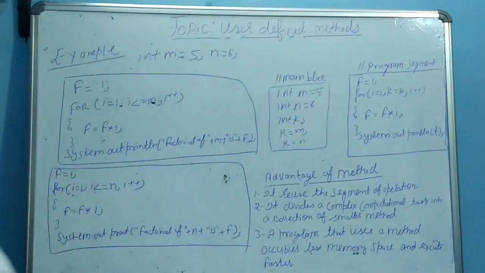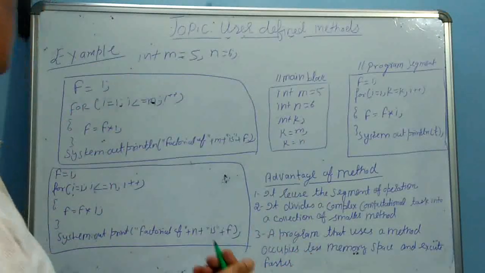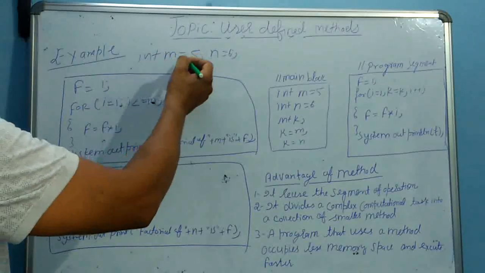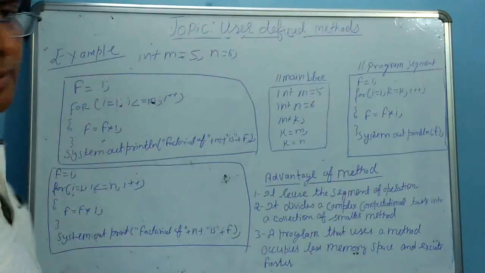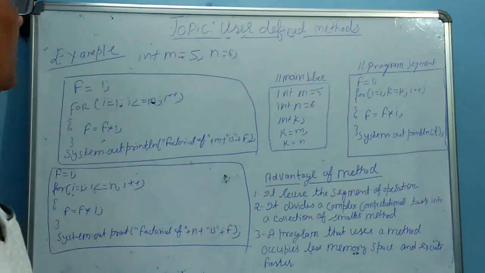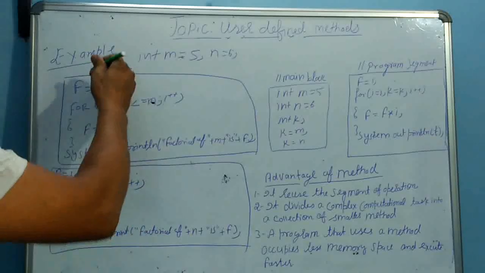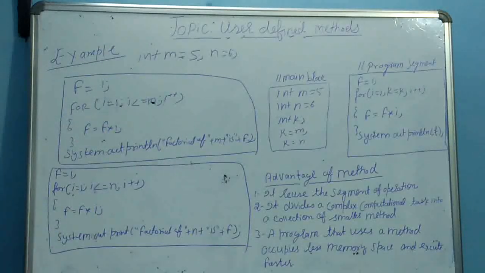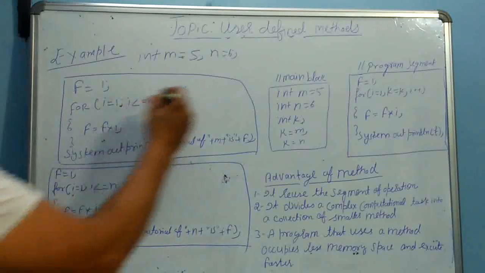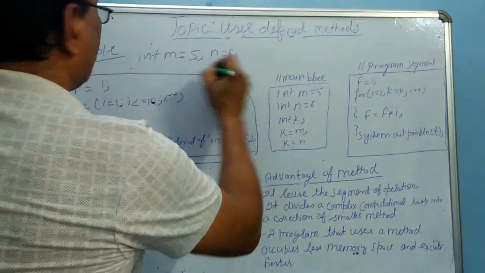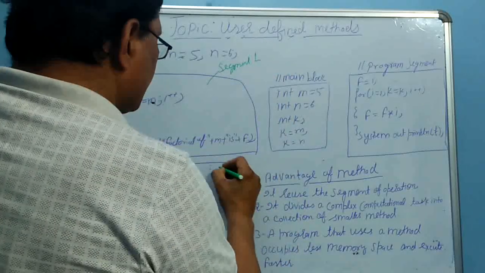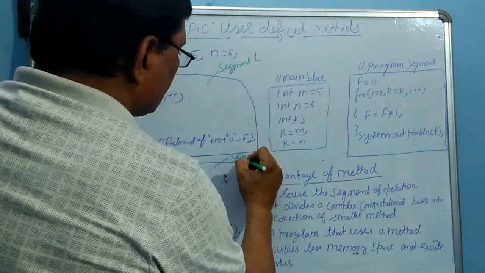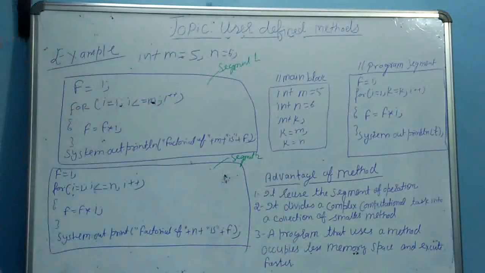For example, suppose we have to calculate the factorial numbers of m and n, factorial of m and 6. So now we will use two types of logic. That is segment 1 and that is segment 2.